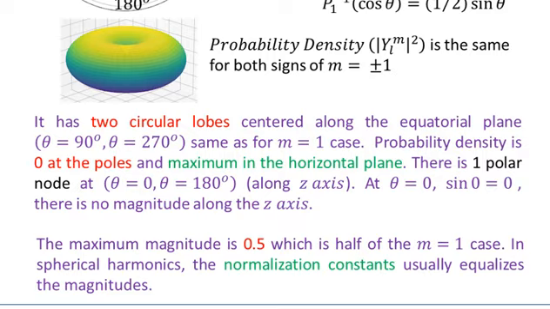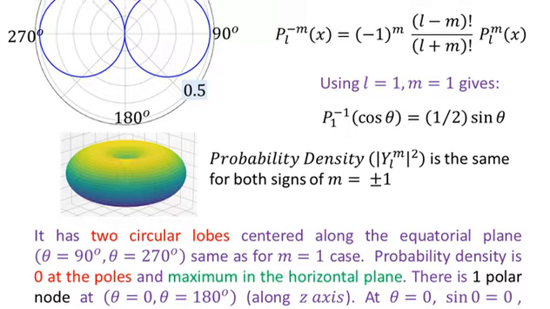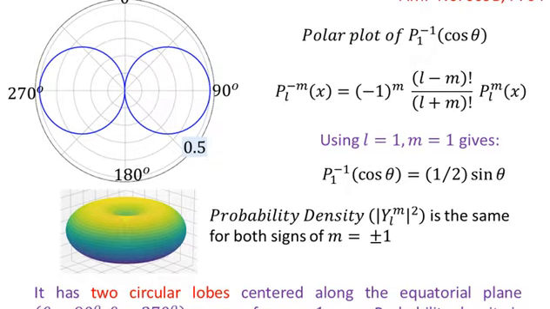So up till now we have discussed two cases. L equal to 1, and there were two choices available to us with m equal to plus or minus 1. And we have noticed two things over here.